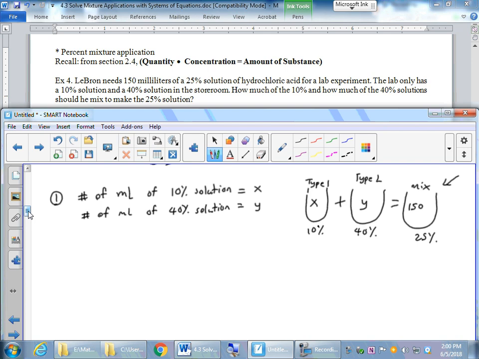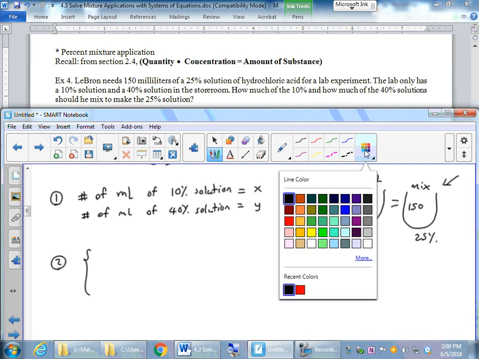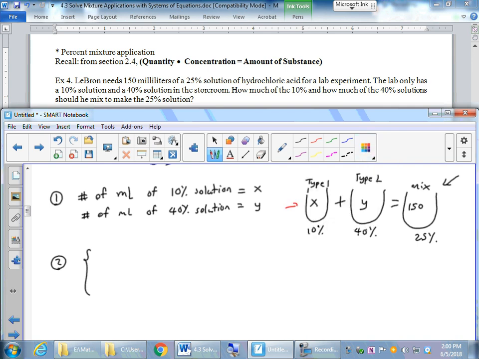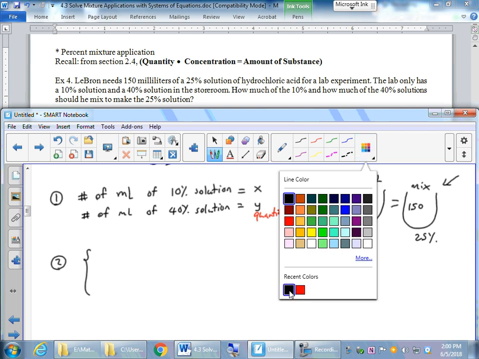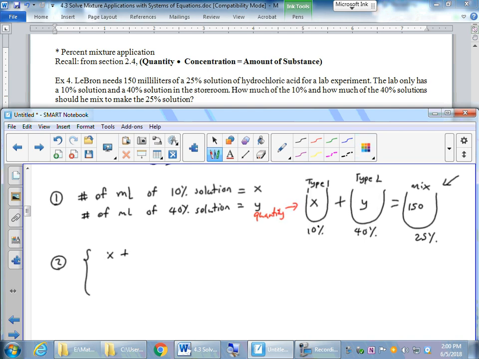And now we're going to set up equations. From the diagram it is much easier. From the diagram you can see that the quantity, right here, is already giving you one equation. So X amount plus Y amount must be equal to the amount of the mixture, which is 150.